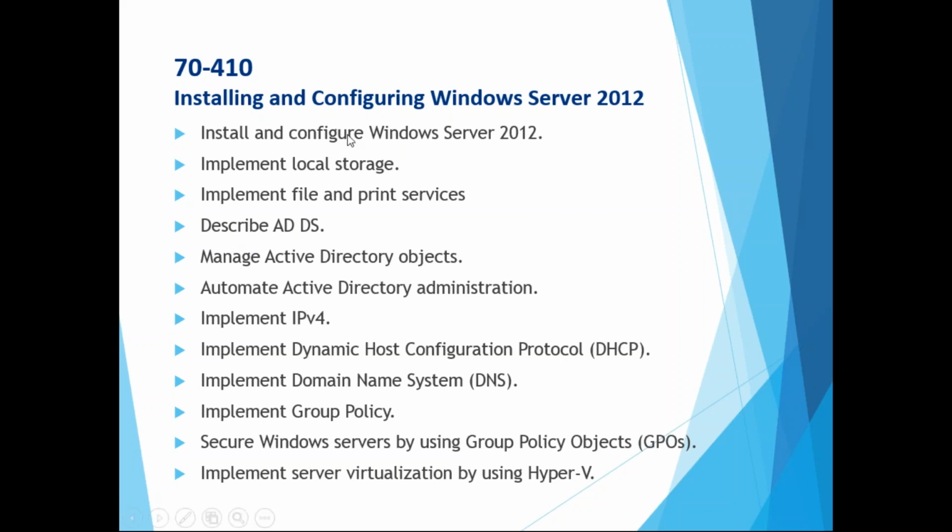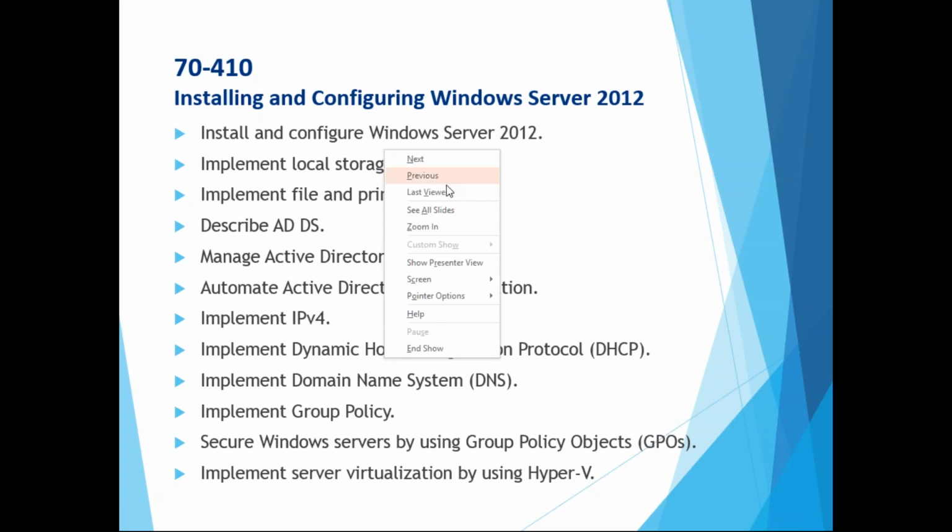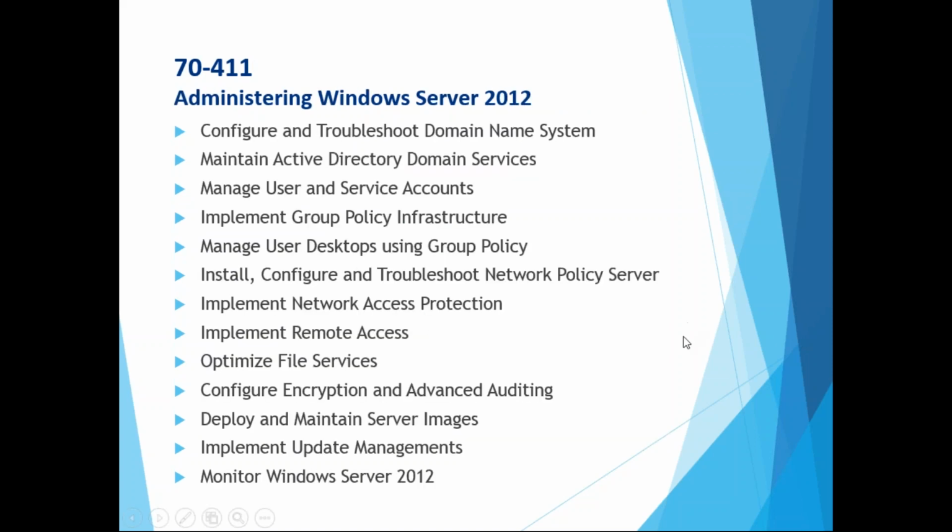The second paper is 70-411. Here comes administering Windows Server 2012, configuring and troubleshooting Domain Name System, that is DNS, maintaining Active Directory Domain Services, managing user accounts and service accounts, and the group policy infrastructure, how to create it, and managing desktop policies.